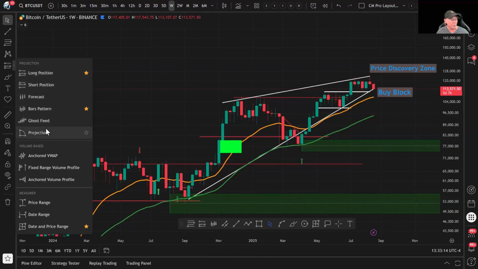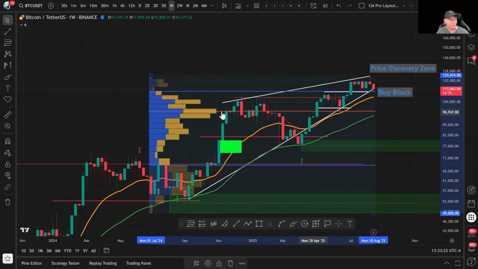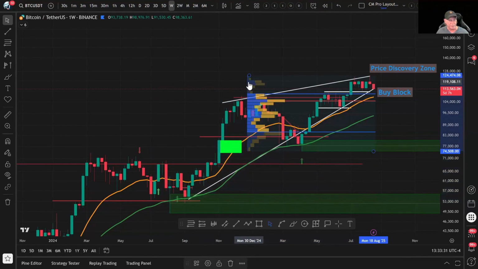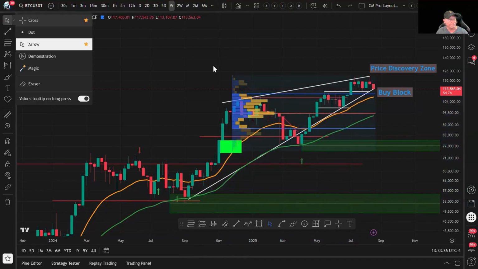Most of these I don't use, anchored VWAP. I know what these all are, fixed range volume profile. Sometimes that's kind of interesting, it shows you where most of the volume is. According to this, we could come back down to 198K, but it's very subjective how you draw these things. Anyway, don't worry about it.